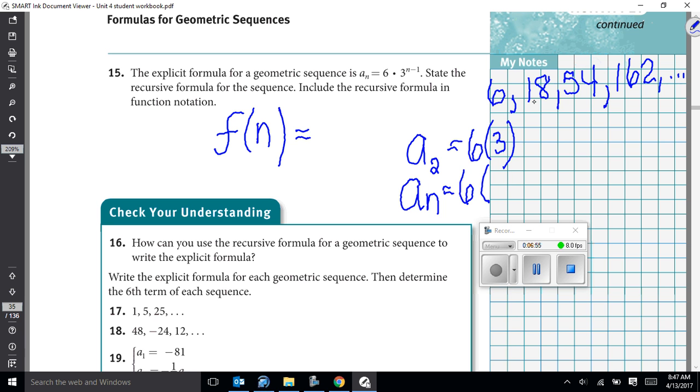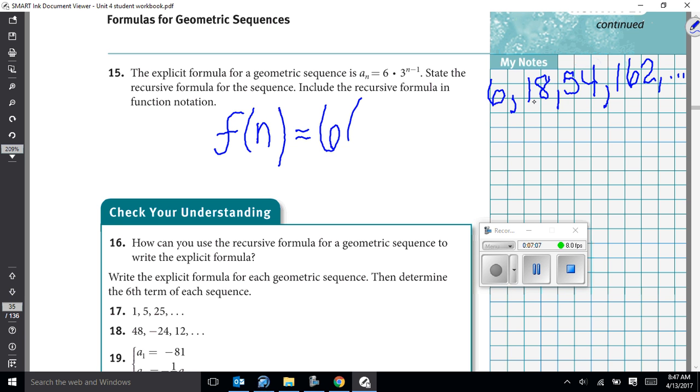So 6 times whatever our previous term was. So it would be 6 times whatever we have for f of n minus 1. That's in function notation.